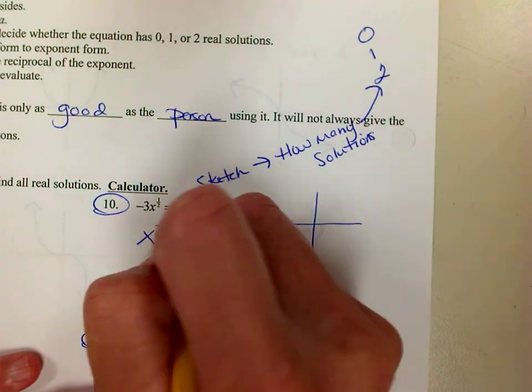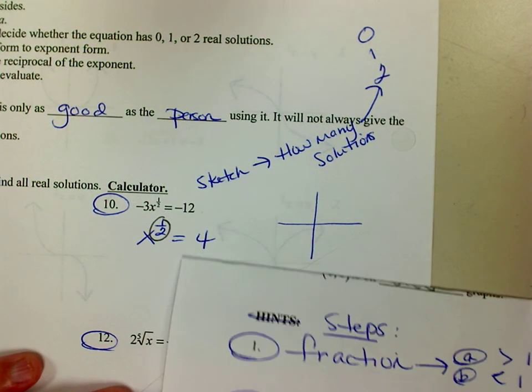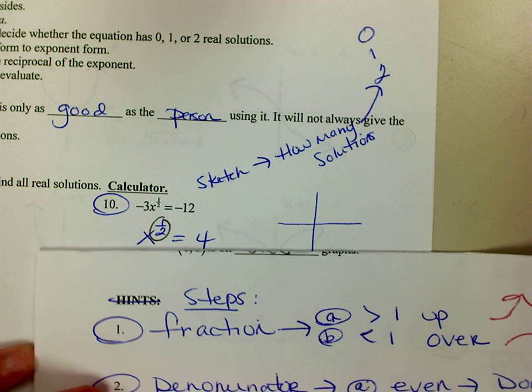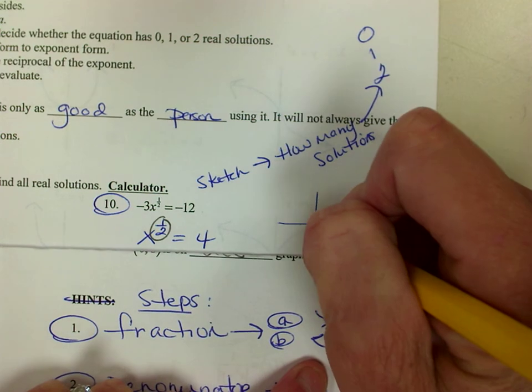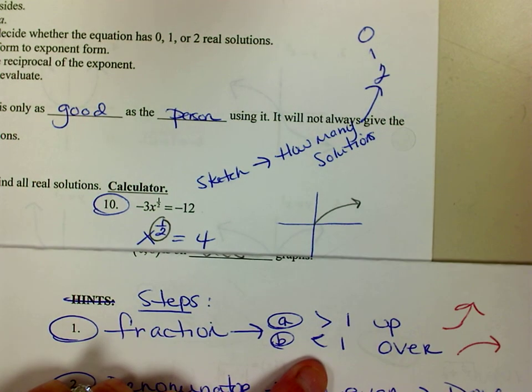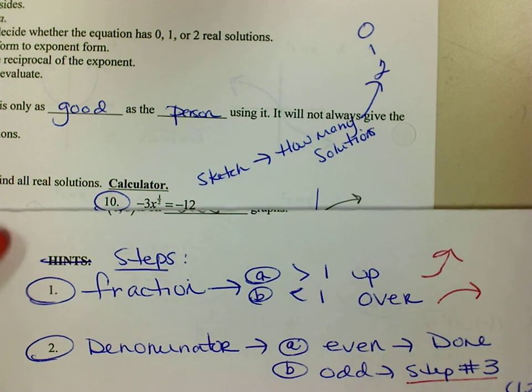So my exponent is 1/2. Since my fraction is less than 1, I'm going to go over in the first quadrant. My denominator is even, which means I am done with my graph.